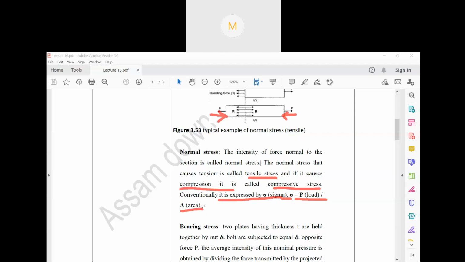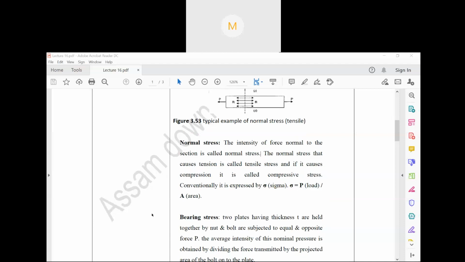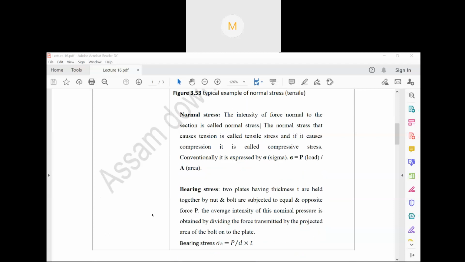Now let us go to the next one. Bearing stress. Okay. Now what is bearing stress?